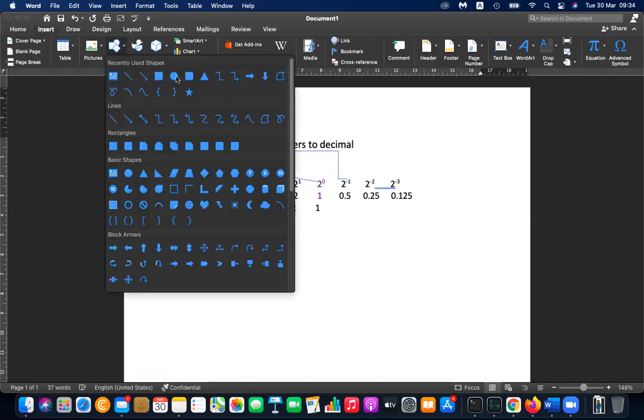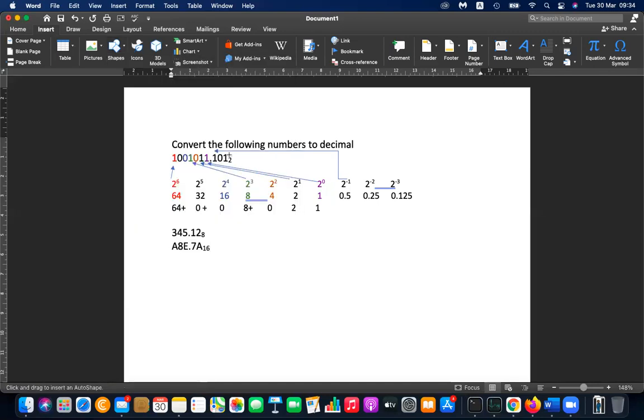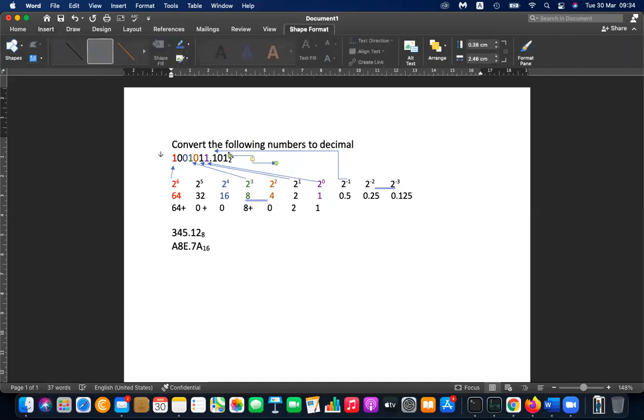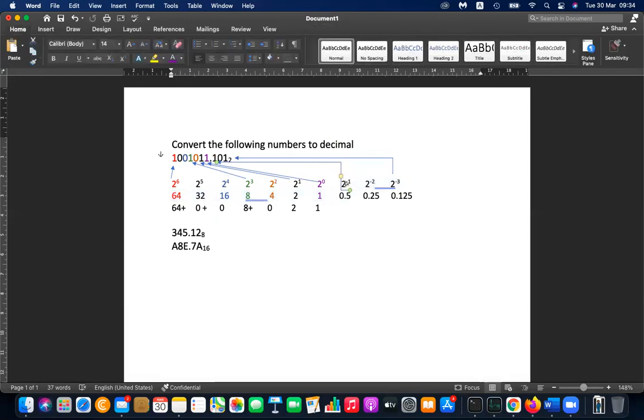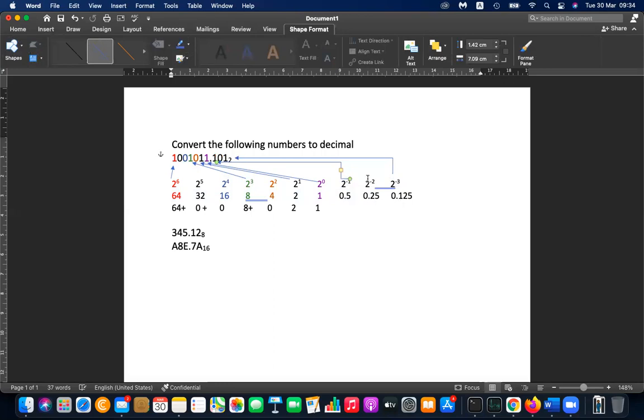Let's insert this one. I'm going to do this in a perfect way in the first round, but in the second round I'm going to summarize this time. This is 2 to the power 3. But for the other one, you don't have 2 to the power -2.